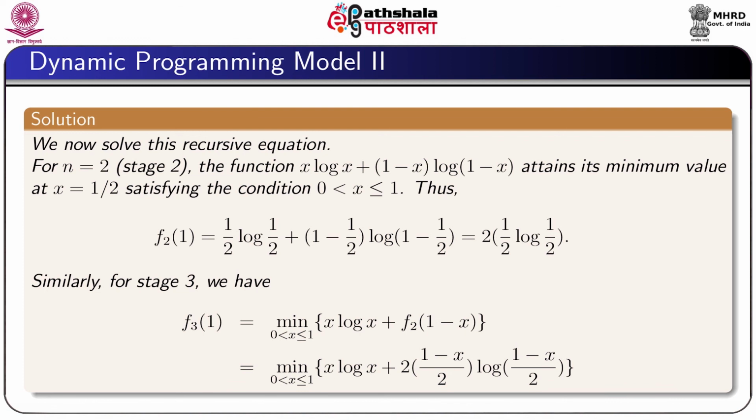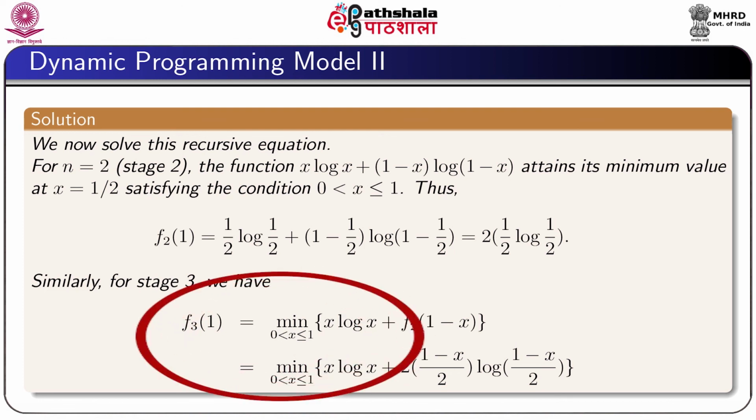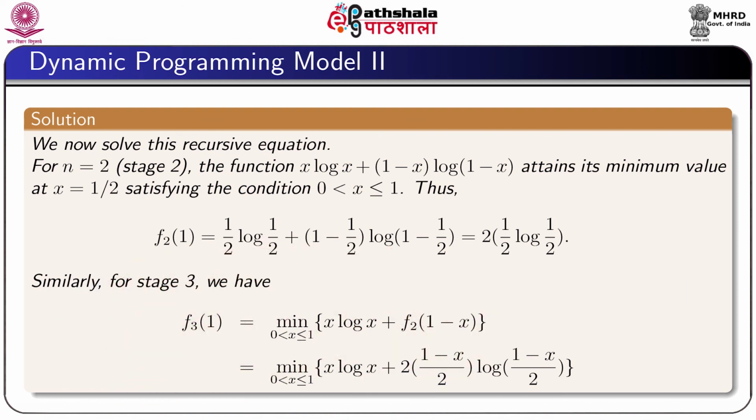Similarly, for stage 3, the minimum value of the recursive equation is obtained as f3(1) equal to the minimum of x log x plus 2 into ((1 minus x) by 2) log ((1 minus x) by 2), where 0 less than x less than or equal to 1.